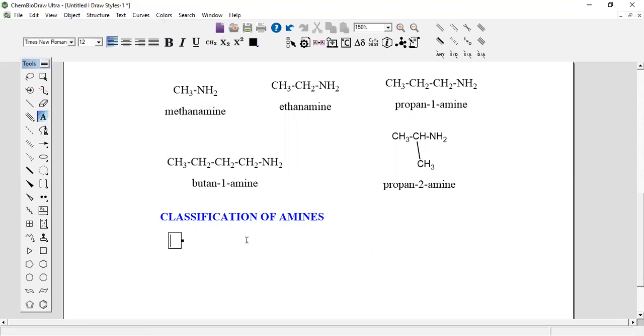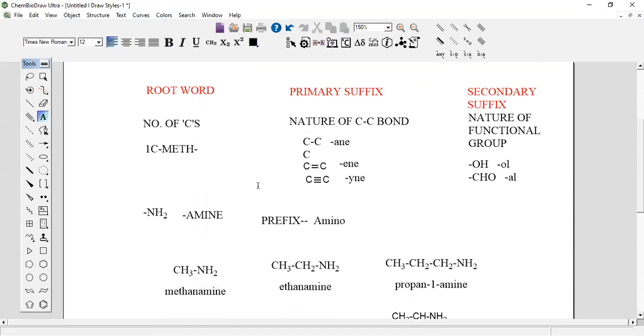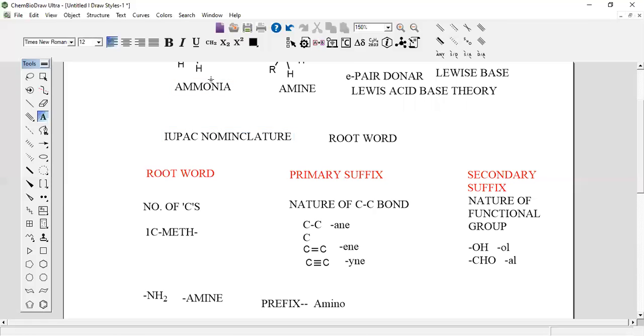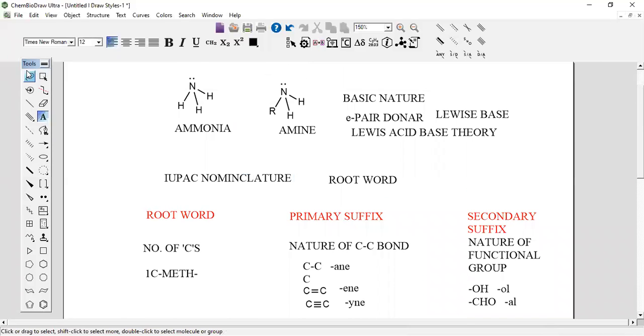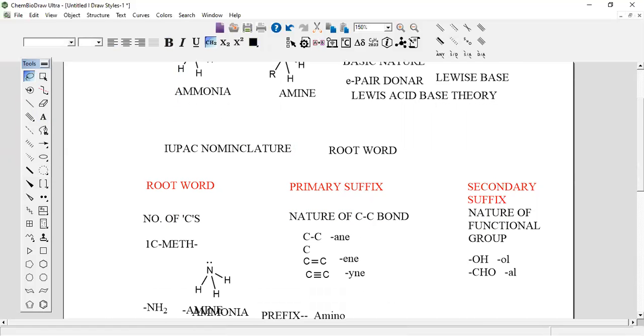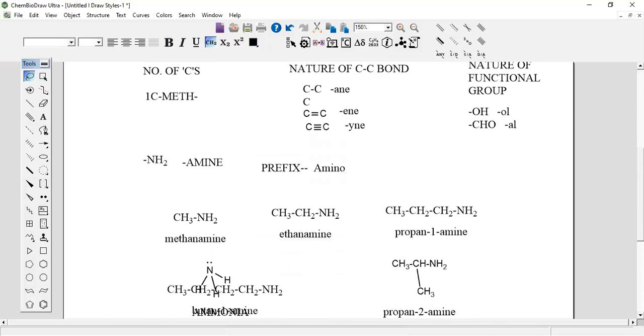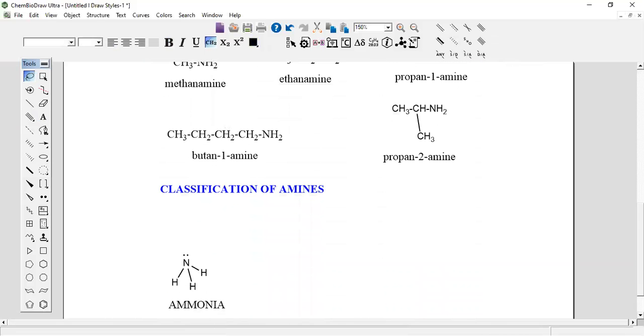What are those? Before going to the classification of amines, I told you amines are derivatives of what? Ammonia. These are the derivatives of ammonia, isn't it? I will take this now. Now, suppose the ammonia is like that. If ammonia is there, no problem.